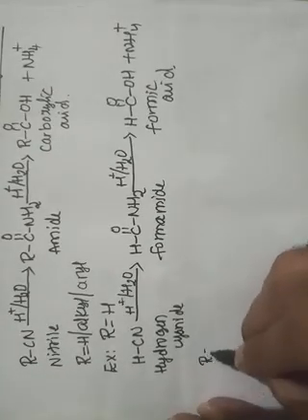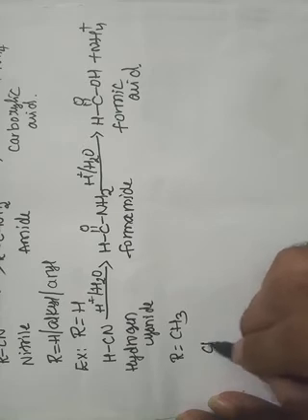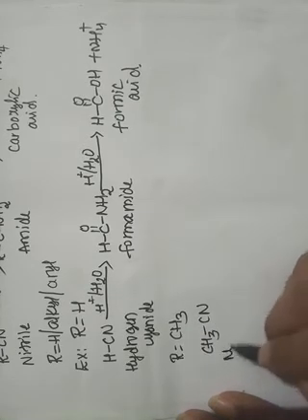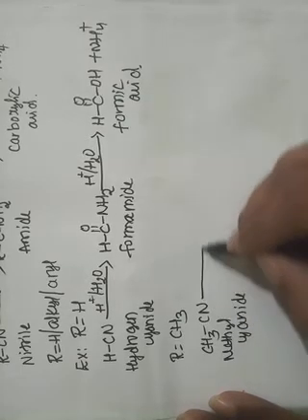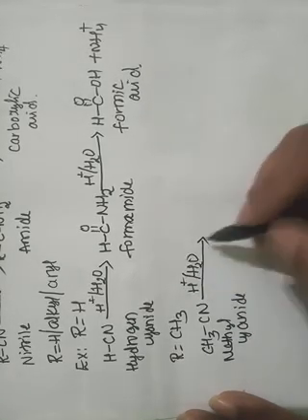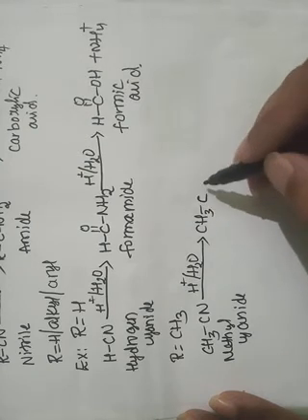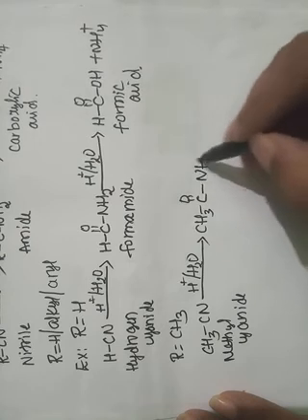If R is a methyl group, then CH3CN, so this is methyl cyanide, which upon acid hydrolysis gives an amide, CH3CONH2.